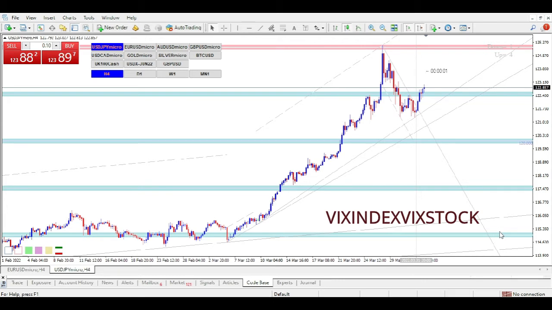Usually, if that country's economy is performing well, interest rates tend to go up. When that country's economy is performing badly, usually interest rates tend to go down.